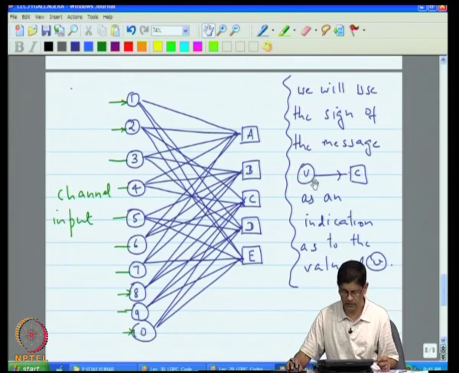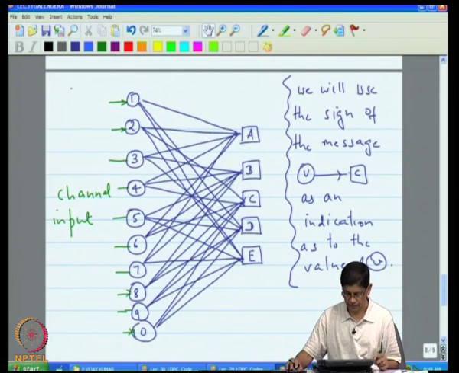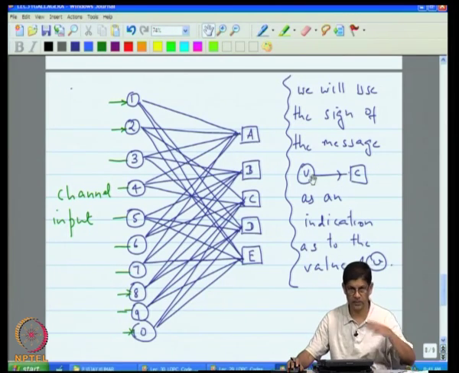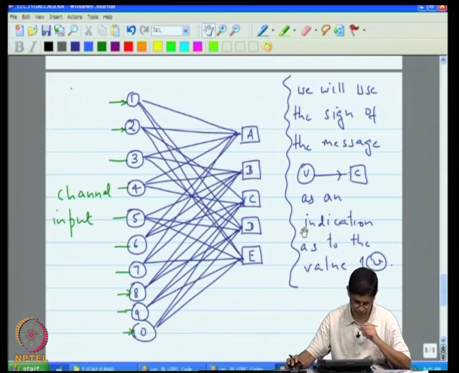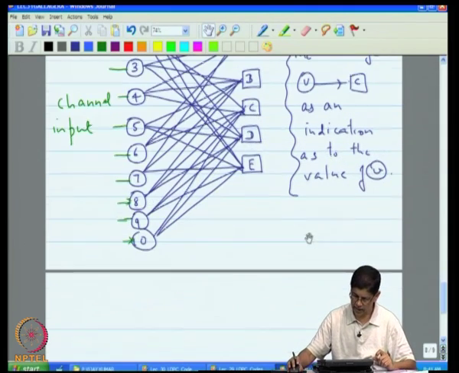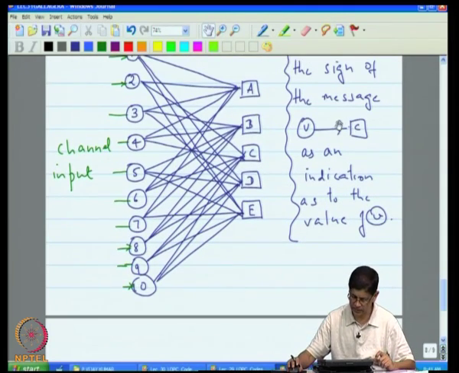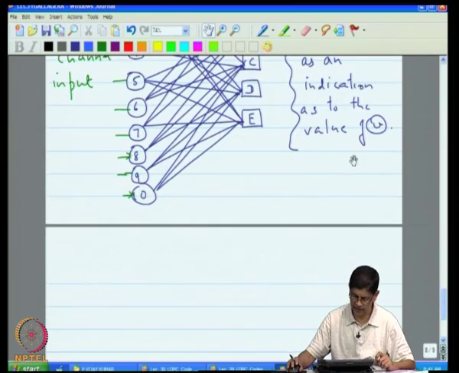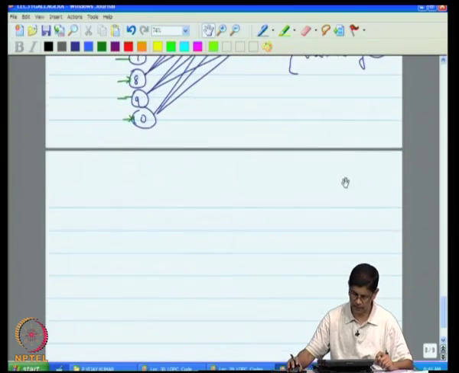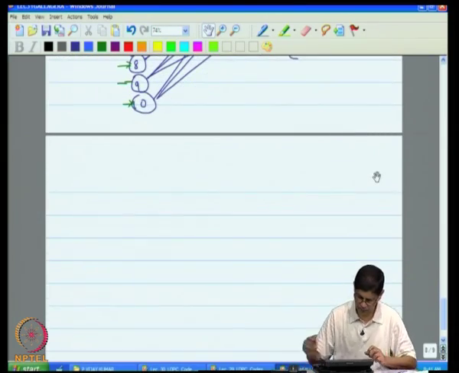So we will indicate this as our current estimate of the value of V. Of course, this estimate will keep changing, and so we will regard this message as being an error if the sign does not agree with the true value.